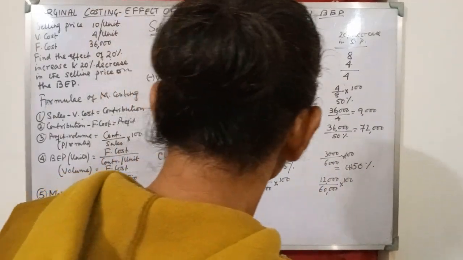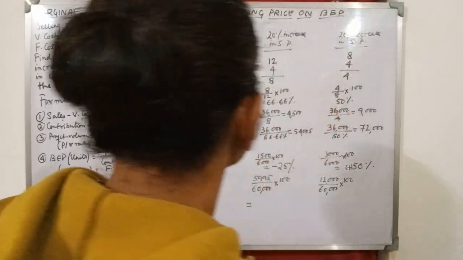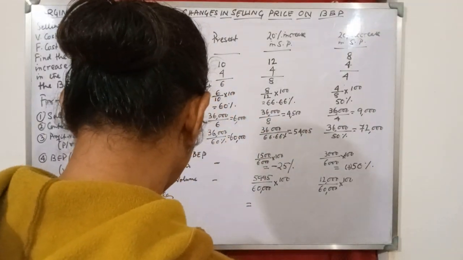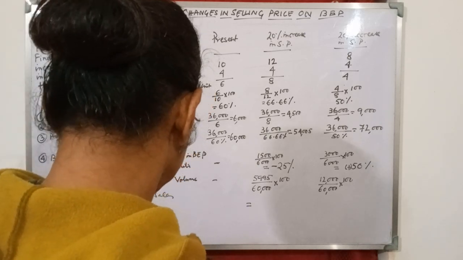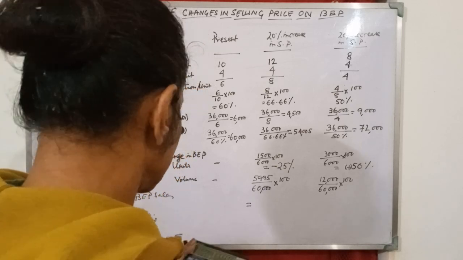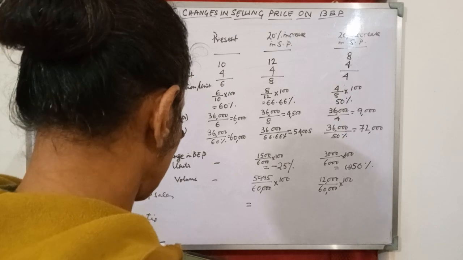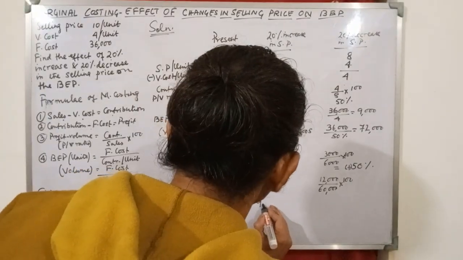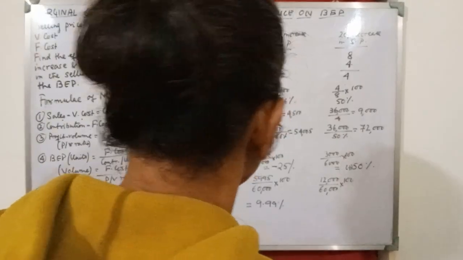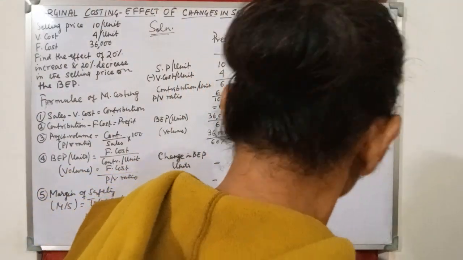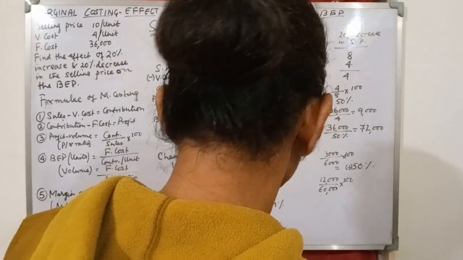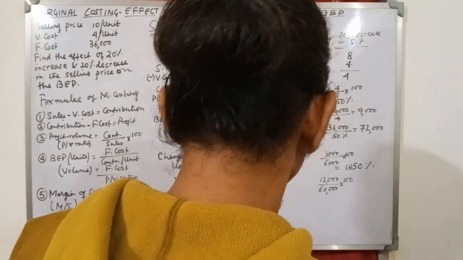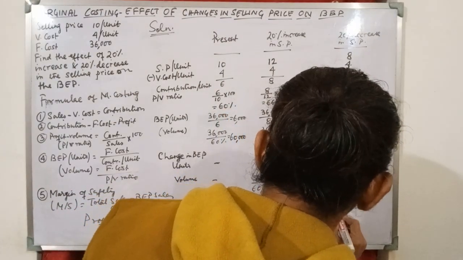Let us see what they come to. 5,995 over 60,000 is 9.99%. Very close to 10%. And here 20%.